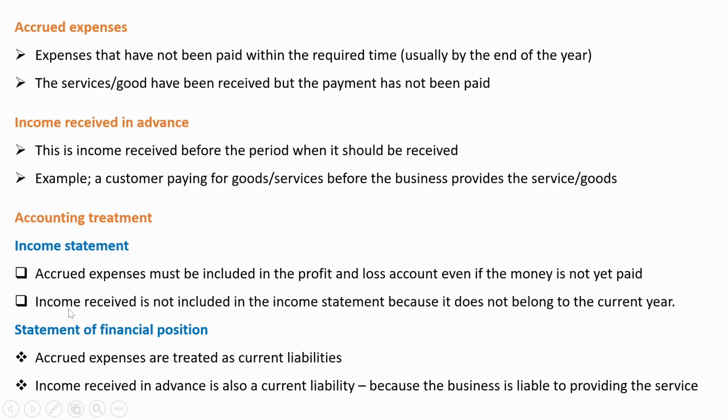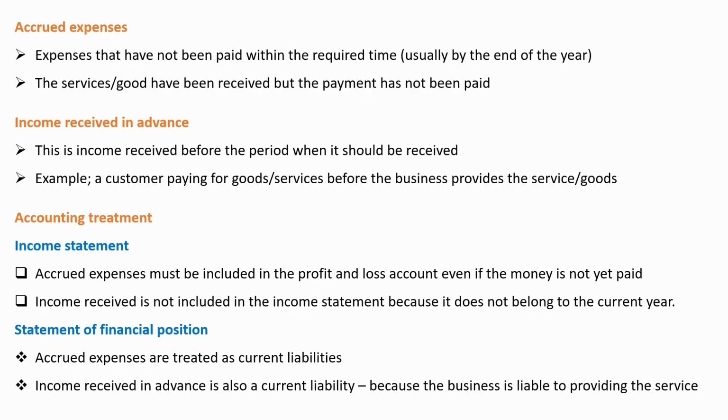And then we have income received in advance. Income received in advance is not included in the income statement because it does not belong to the current year. You have received income for next year before next year comes. So if the income is for 2026, you cannot record it in the profit and loss for 2025.